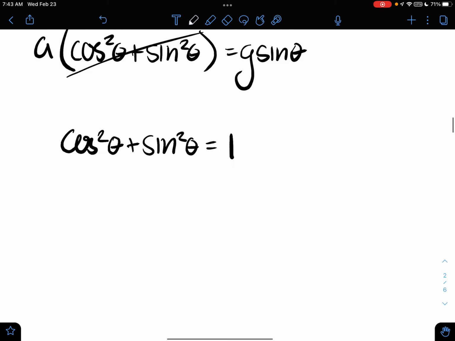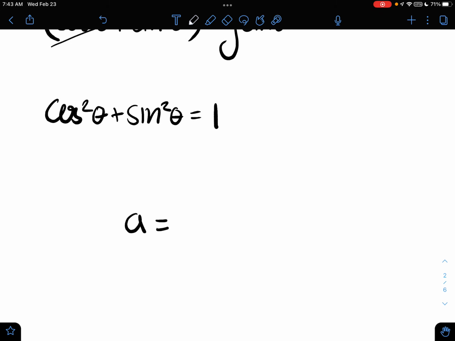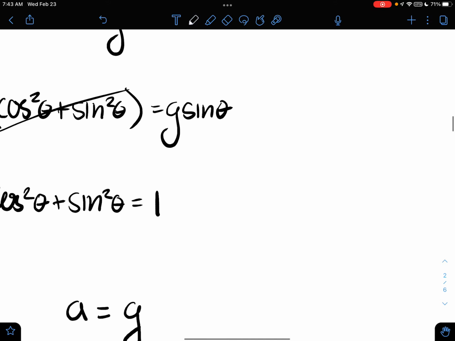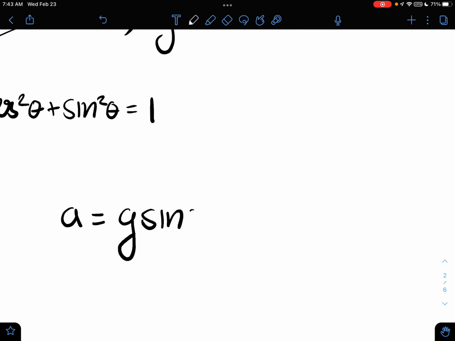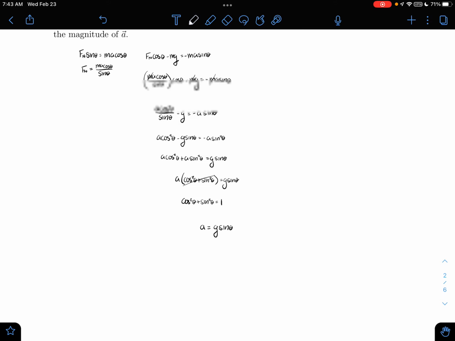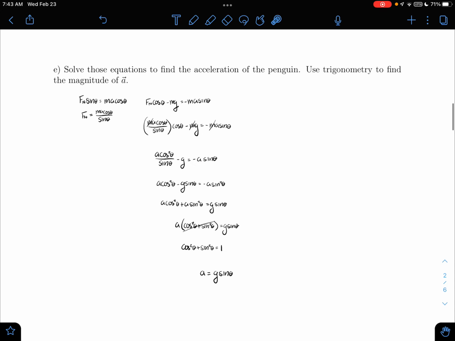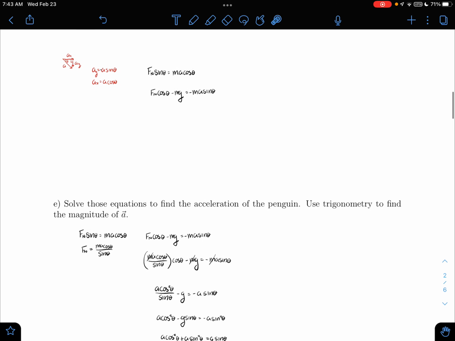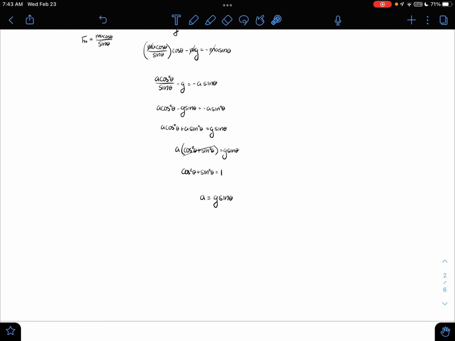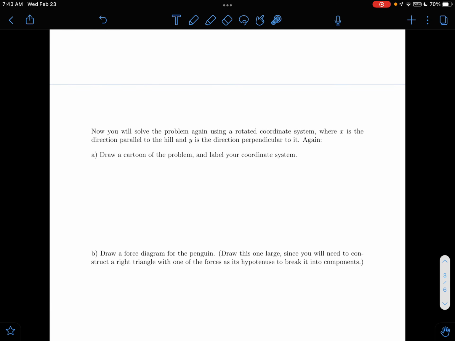This whole section goes away. So acceleration is g sine theta. Cool. It took a little bit of trig and a little bit of mess and figuring out some vectors, but we got to a nice simplified answer. Not bad, not bad. It's almost like I know what I'm doing, right?